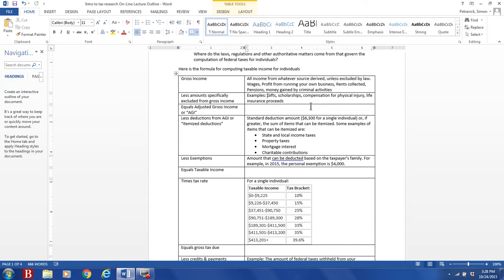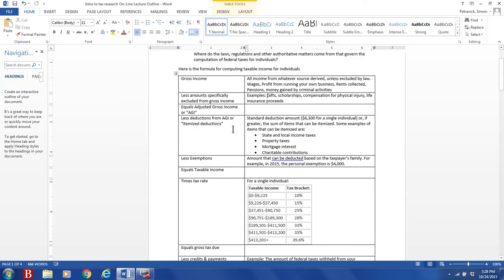If you were the beneficiary of a life insurance policy, that would be excluded. So take all gross income, subtract these adjustments to gross income, and we end up with a subtotal called AGI, or adjusted gross income.